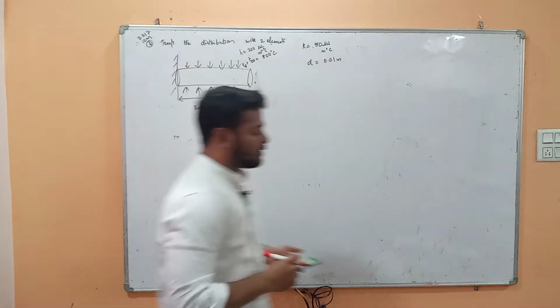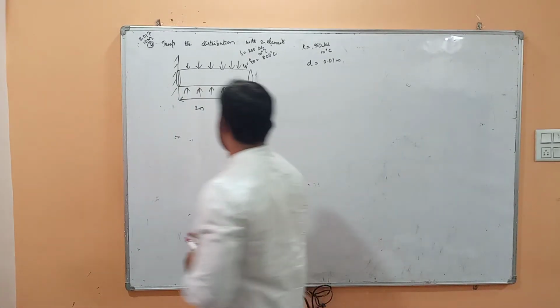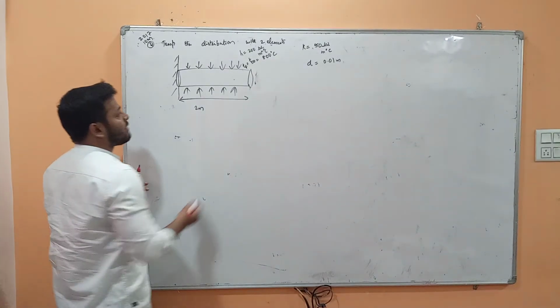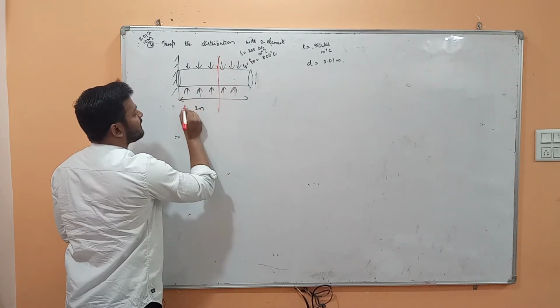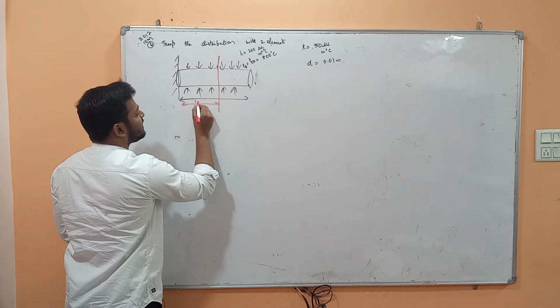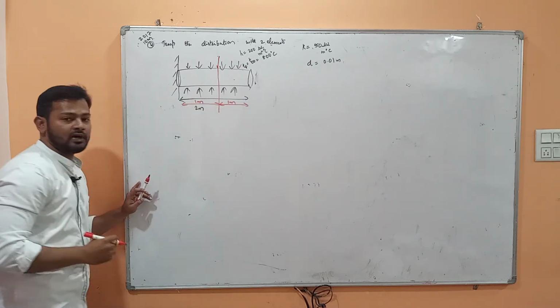That's it. In the question, he has clearly given us to divide it into two elements. So I am going to divide it from the center. So element 1 will have length 1 meter and element 2 will have length 1 meter. See, I am making the changes with the red pen.